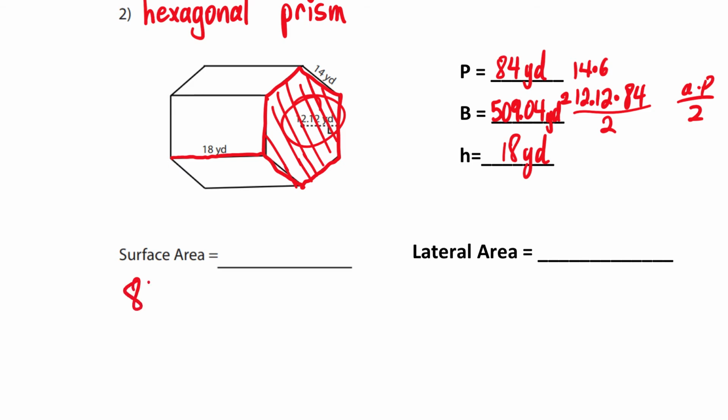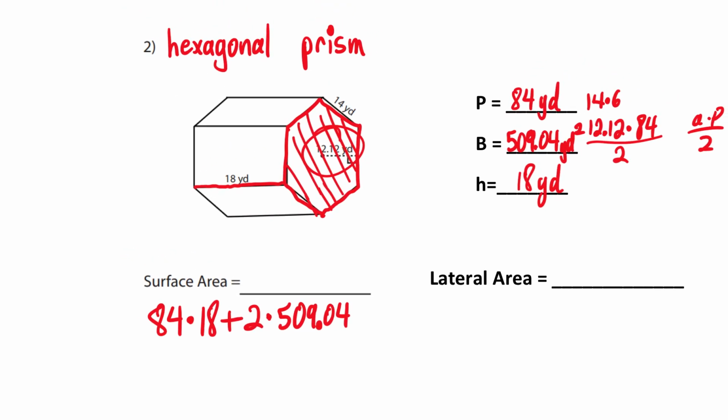So we have P times H plus 2 times B. What does that give you? 2,530.08.